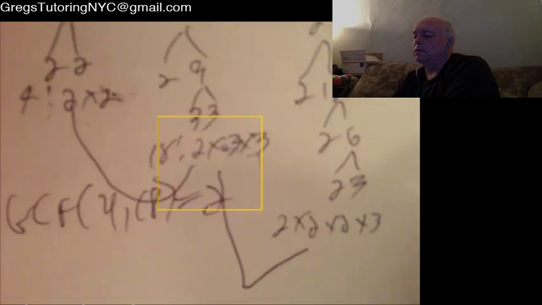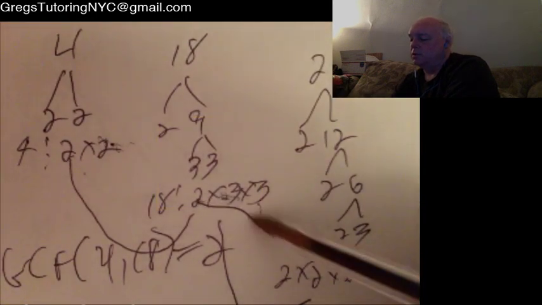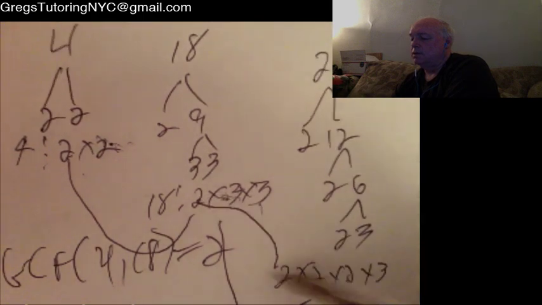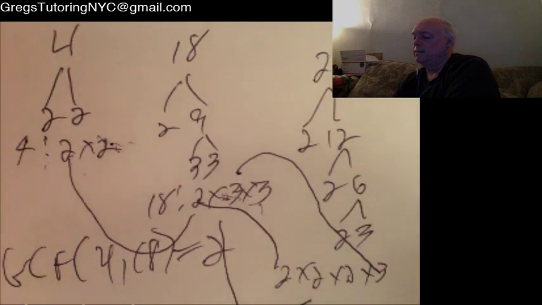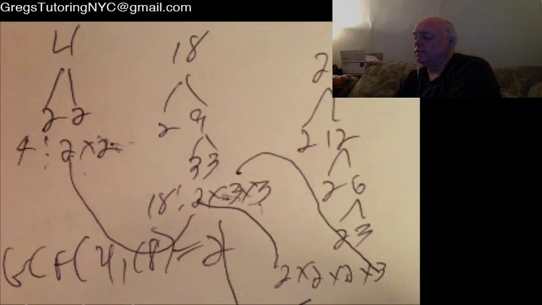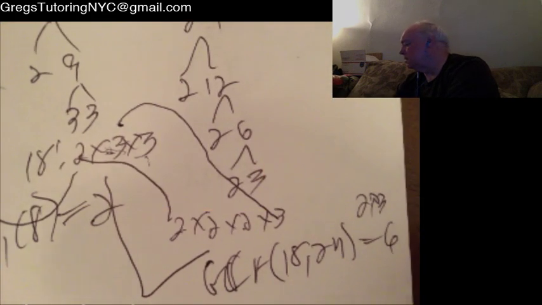This 2 matches. There's no other 2. This 3 matches. And that's it. So the GCF of 18 and 24 is equal to 2 times 3, and that's going to be equal to 6.